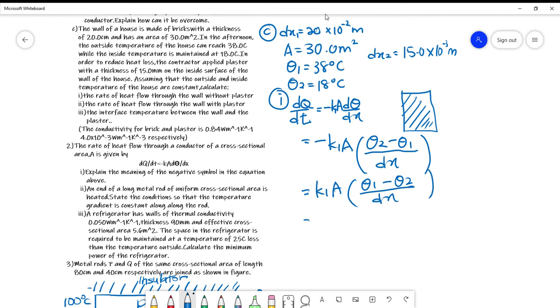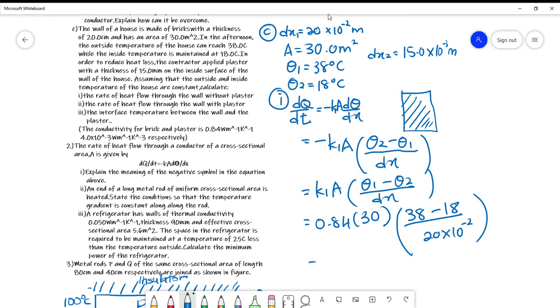So the thermal conductivity of the bricks is 0.84, the cross-sectional area is 30, and theta 1 minus theta 2 is 38 minus 18. Our dx for the bricks is 20 times 10 to the power -2.